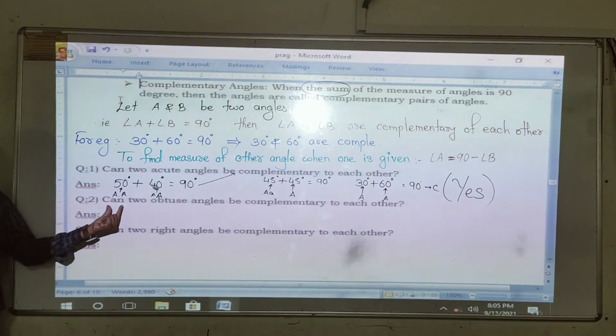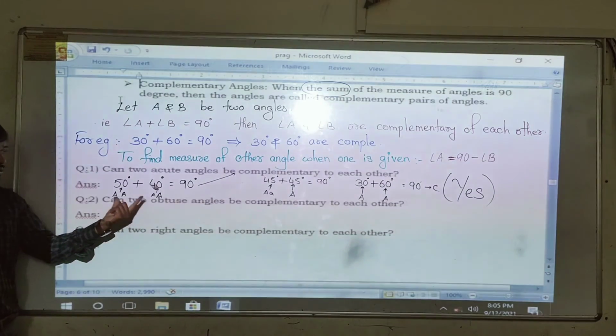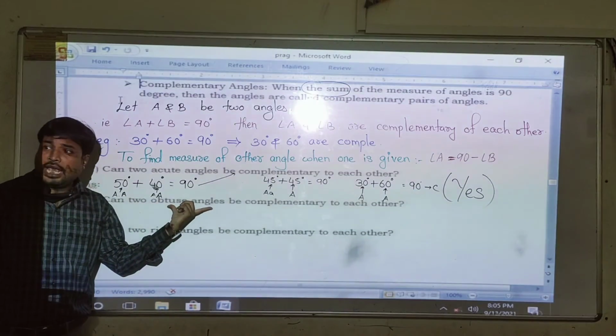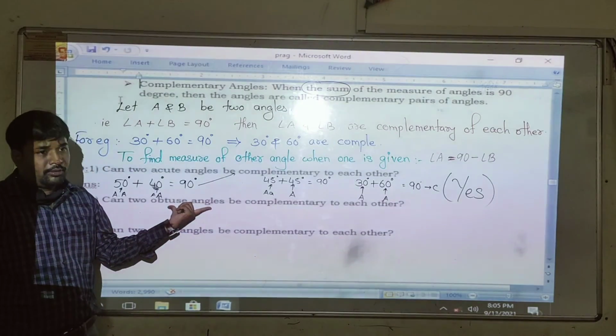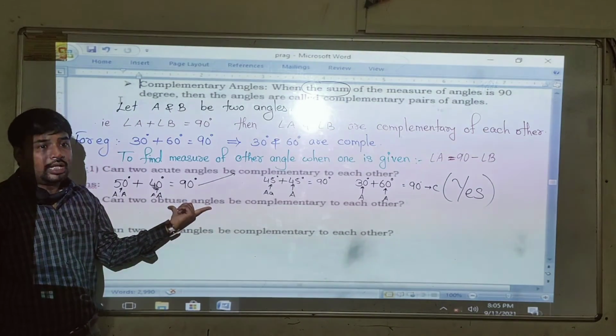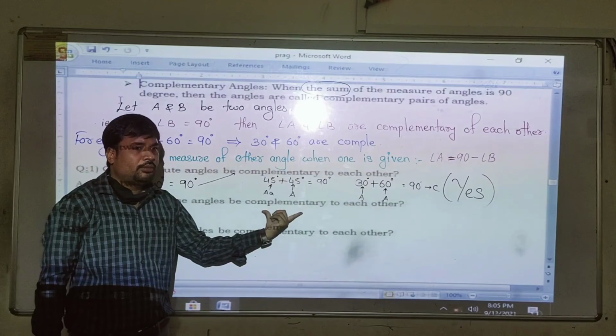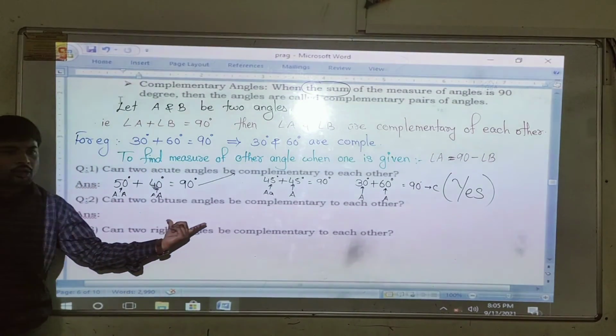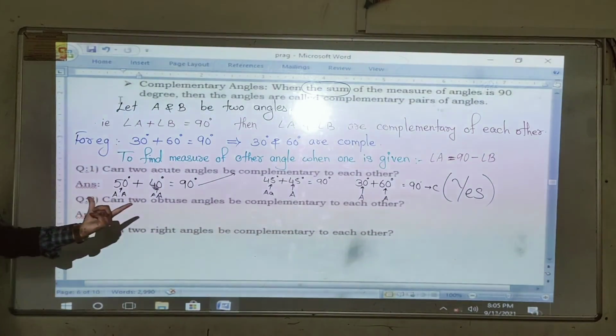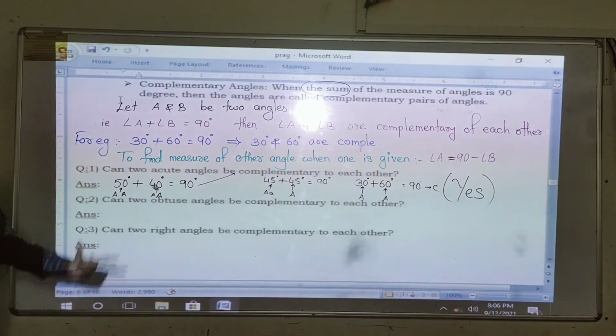Can two obtuse angles be complementary? Think. Obtuse means what? Greater than 90.